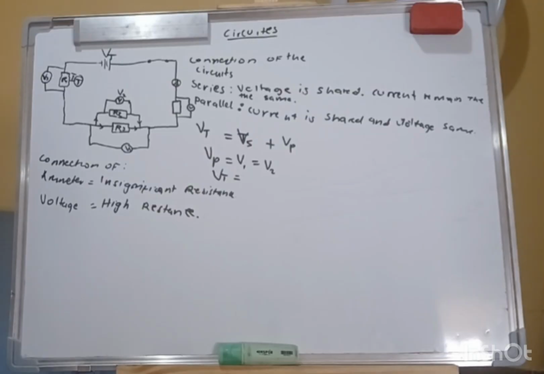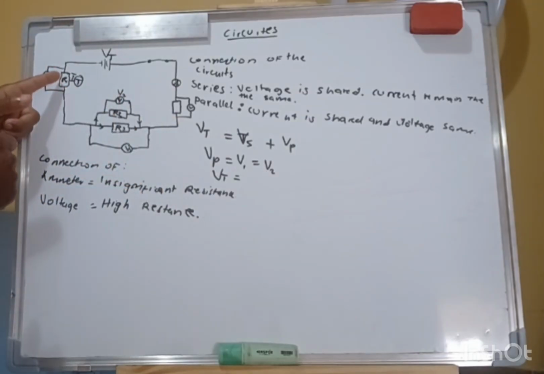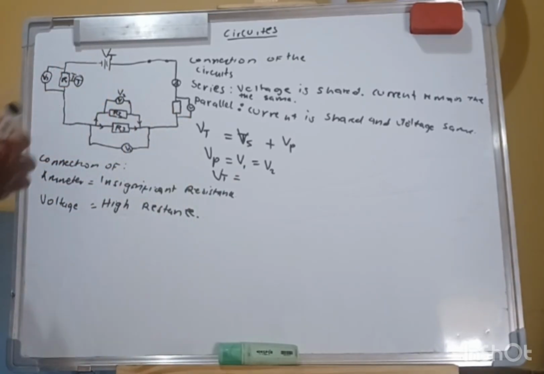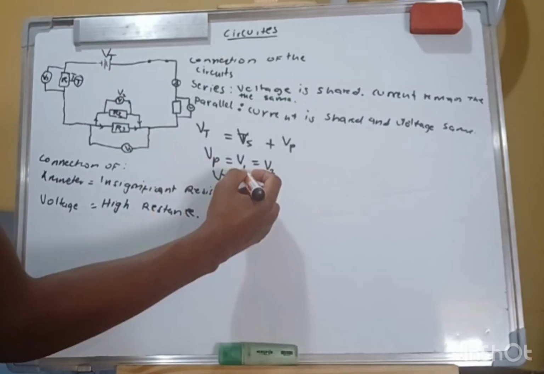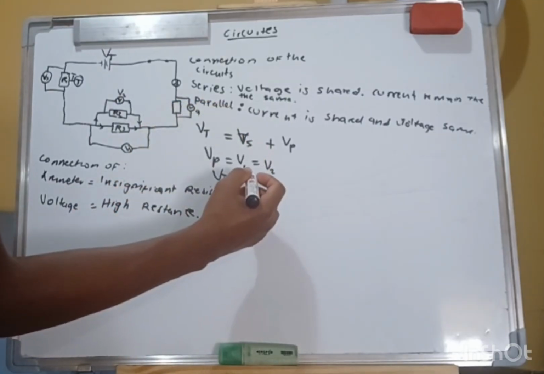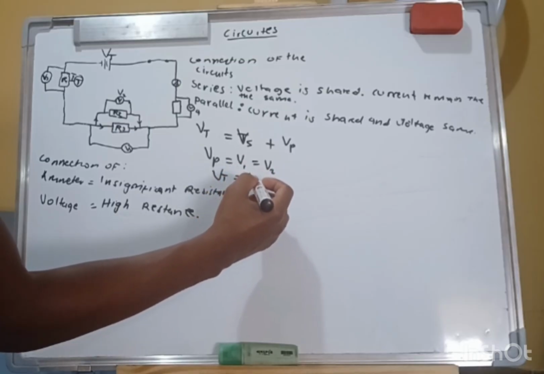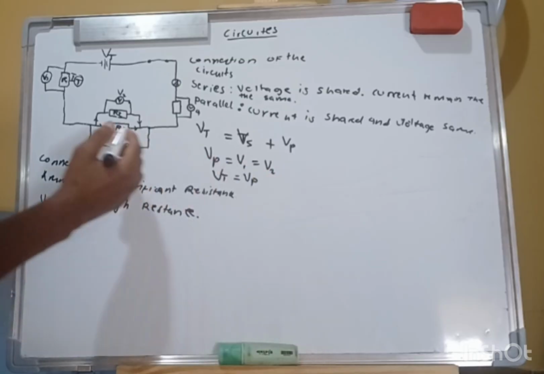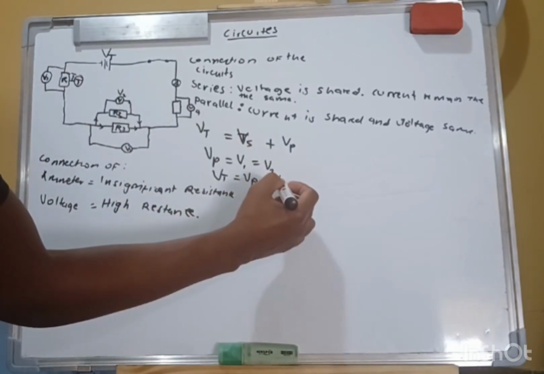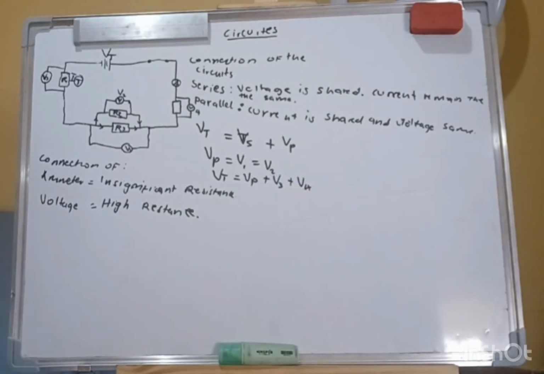Remember, in series we add them. This one plus this one, they are in series. This voltage and this one are in series, but they are also in series to this one. So I'm going to call this one V4. So V1, Vp, which is this one, plus V3 plus V4 is our total voltage, guys.